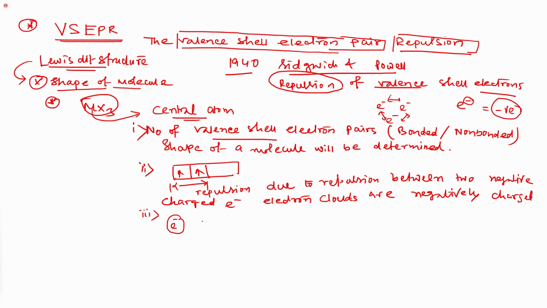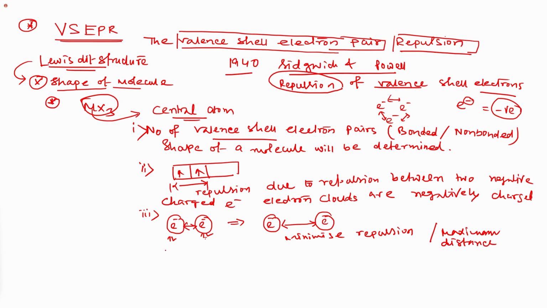Suppose there are two electron clouds. Between them there will be repulsion, so the electrons want to go far away from each other, taking positions with minimum repulsion and maximum distance. Likewise, there is repulsion between two pairs of electrons, so some distance is created between them. That's why electron pairs occupy positions that minimize repulsion and maximize distance.